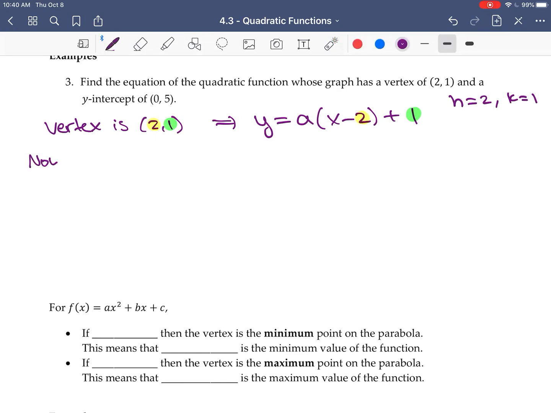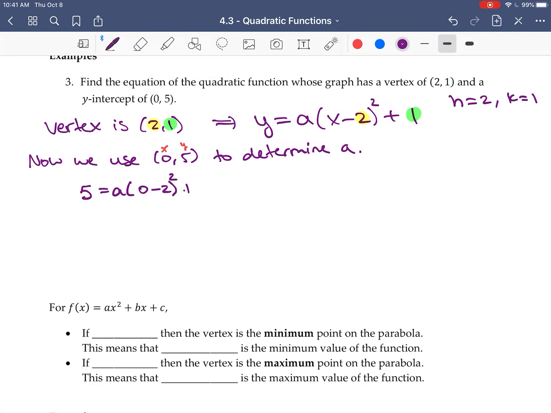So now we use the point (0, 5) to determine a. This point should satisfy the equation. If I plug in 0 for x and 5 for y, the equation should be true. So 5 is equal to a times (0 minus 2) squared, oops, I should have a square up here, plus 1. Let's subtract 1 on both sides.